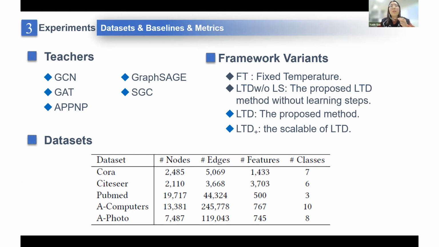To validate our motivation of learning node-specific distillation temperature, we tested several frameworks based on different GNN teacher and student models, such as FT, which means a fixed temperature, and LTD without learning steps, and LTD, which is our proposed method, and LTD Plus, which is a scalable version of LTD.